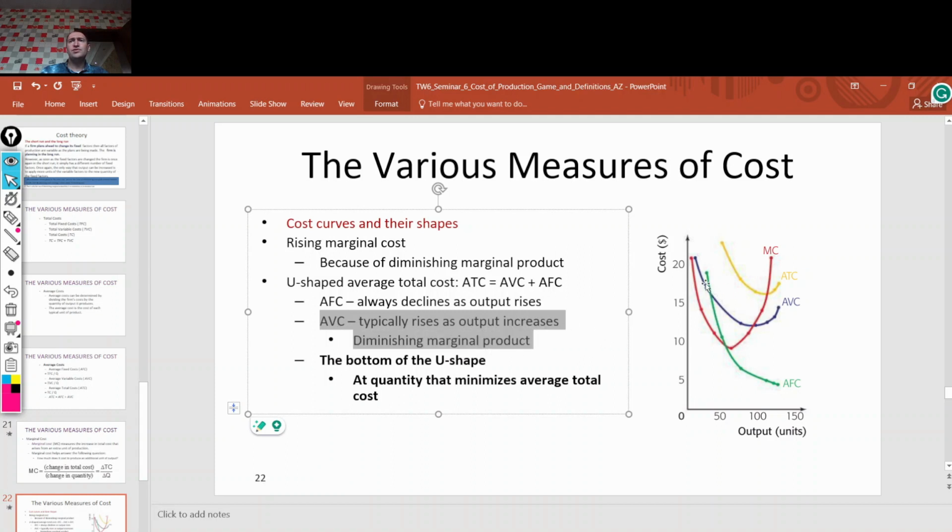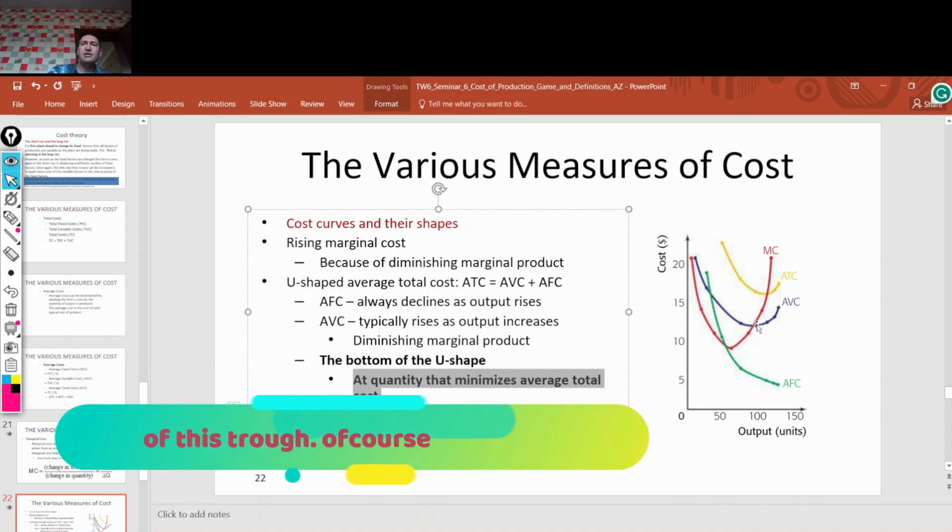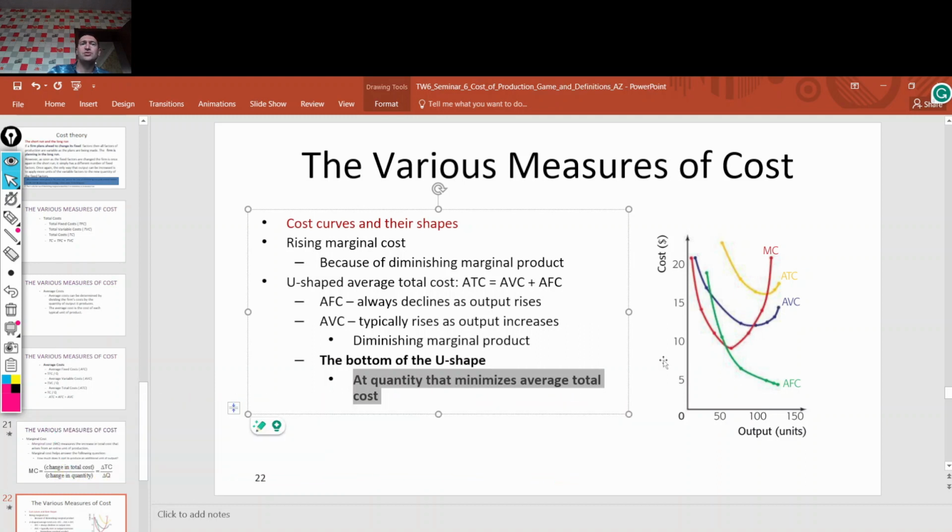Average total cost first declines and then increases, so it should have a hump. The average total production cost is minimized, ATC, right? Again, the location of that hump on the output axis is determined by the intersection point with the marginal costs.